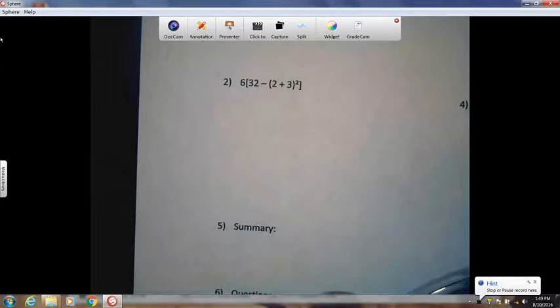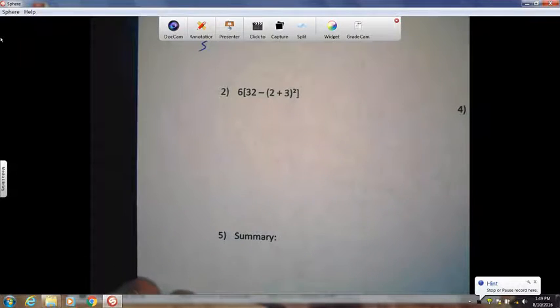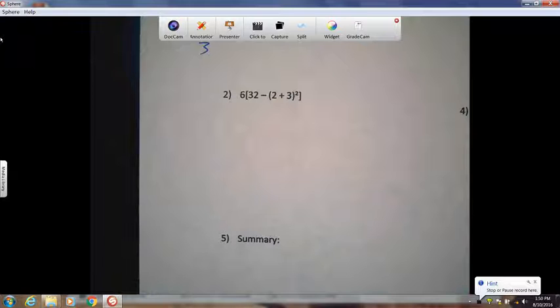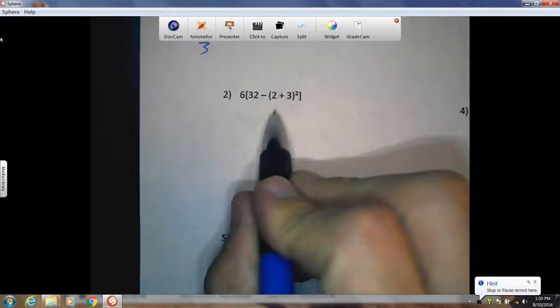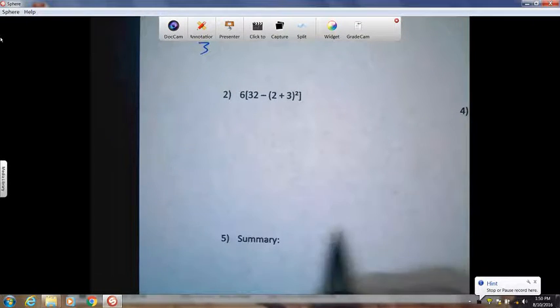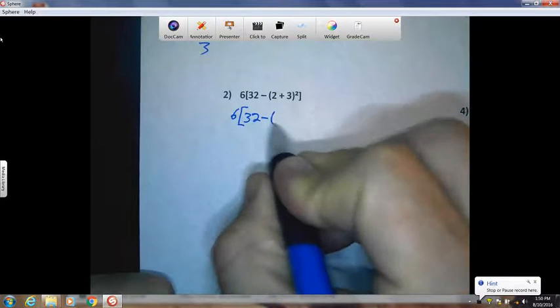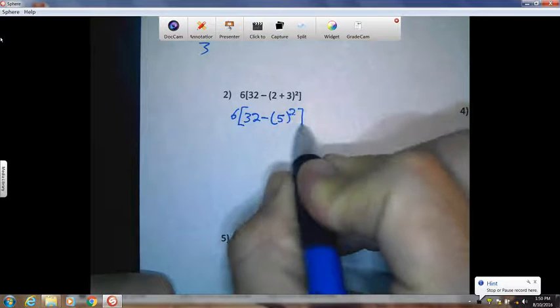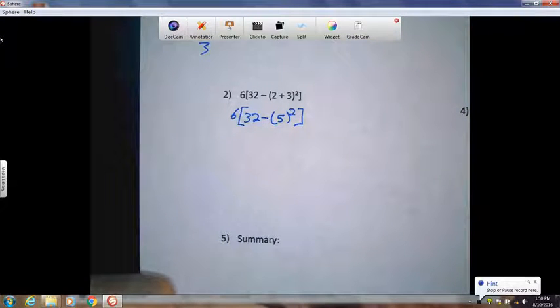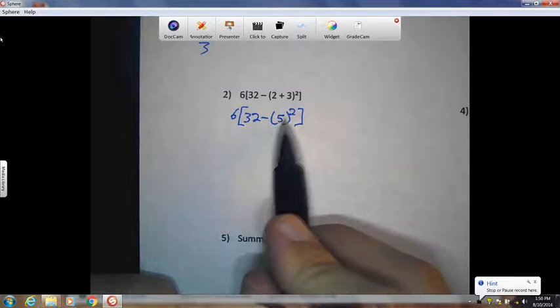Number 2. I have grouping symbols, and I have grouping symbols within grouping symbols. So here I need to start on the innermost grouping symbol, and that's the parentheses. So everything else I'm just going to write as it is. All I did was add 2 plus 3. I got 5. Next, I'm looking at this. Here's my power, 5 to the second power.